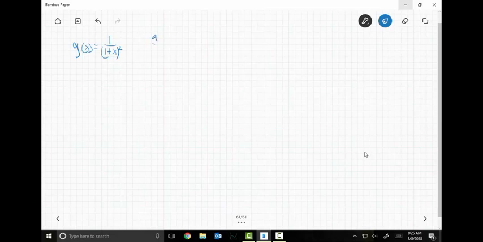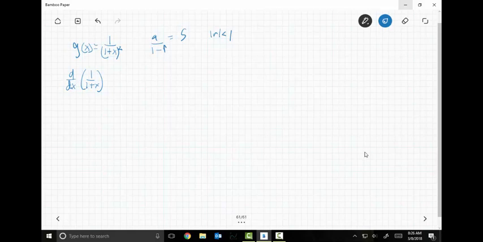Now, this in no way looks like this, which we know is the sum of a geometric series, where the absolute value of r is less than 1. My writing is all over the place, isn't it? However, some of you may see that this thing is really close to the derivative of 1 over 1 plus x.